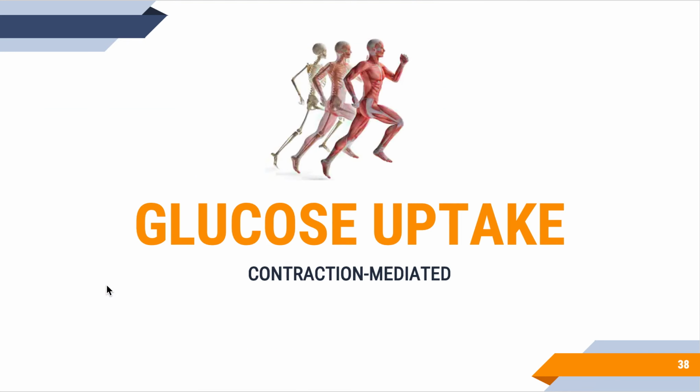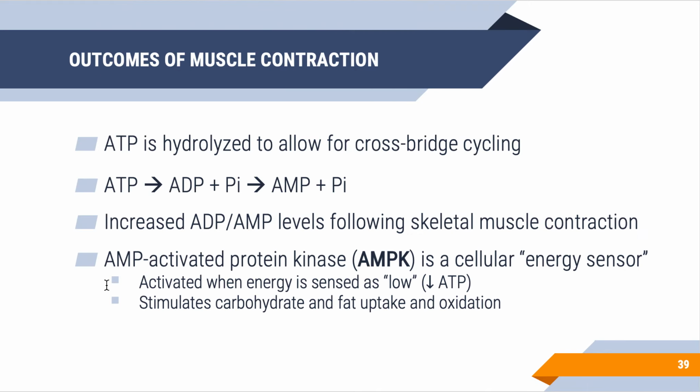Now I want to talk about contraction-mediated glucose uptake. So we know the outcomes of skeletal muscle contraction. One, ATP is hydrolyzed to allow for cross-bridge cycling, meaning that ATP is broken down into ADP and further into AMP.